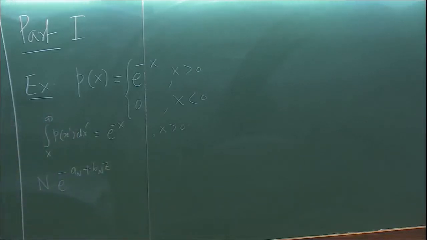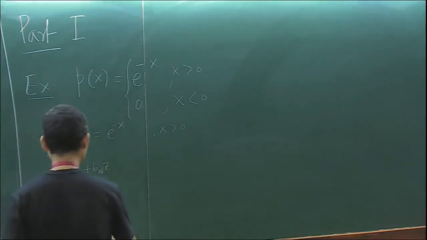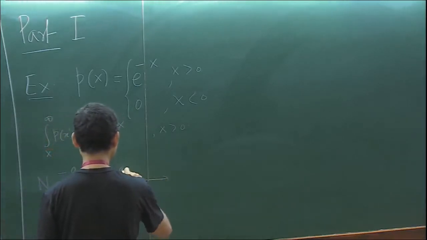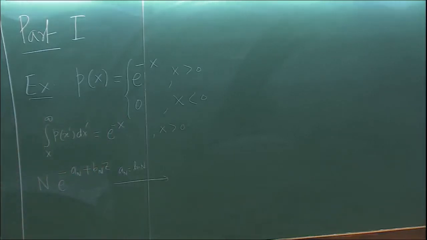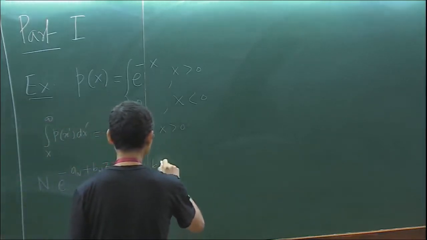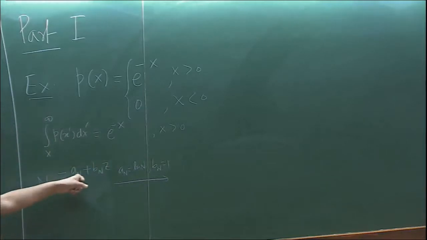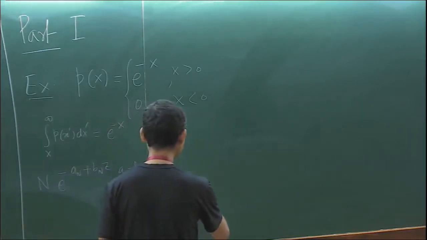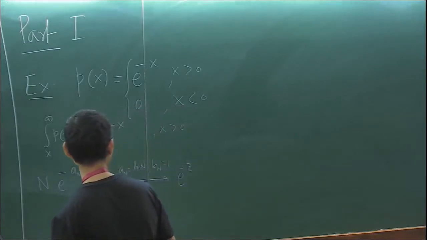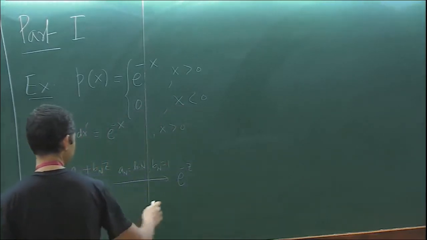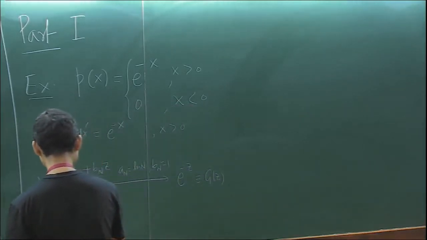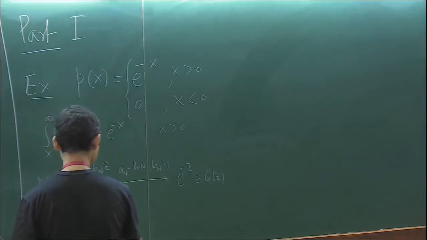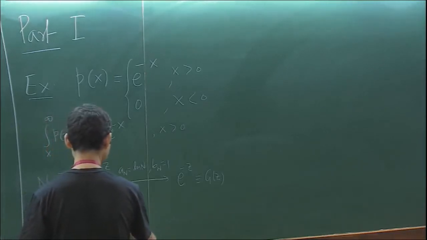Now you see that if you take a_n equal to log n and b_n equal to 1, this log n gives 1 over n, so the n goes away, and b_n equal to 1, so it becomes exponential of minus z. Therefore, this is your g of z, and your f of z is exponential of minus z.